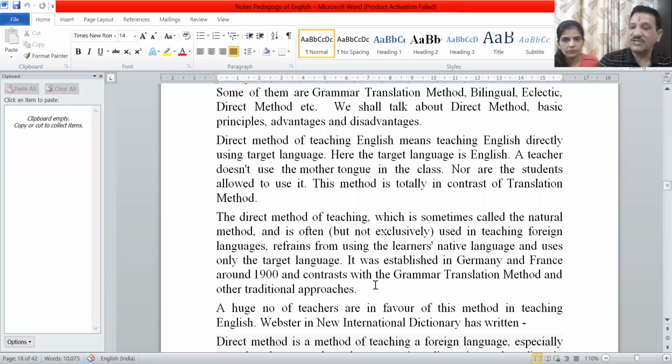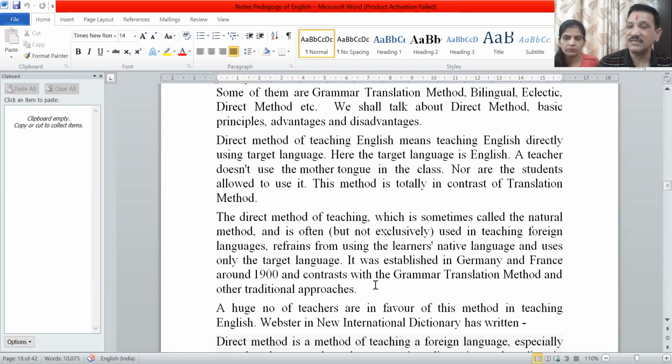It was established in Germany and France around 1900, in contrast with the grammar translation method and other traditional approaches. In Germany, the German language is spoken. In France, the French language is spoken. In those countries, when English was taught, it was translated into either German or French, and after that it was explained.